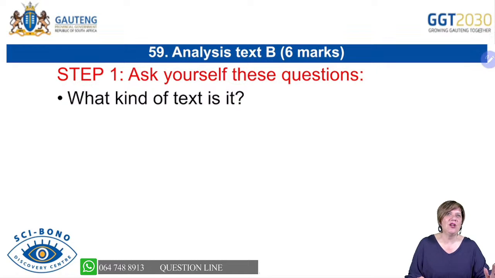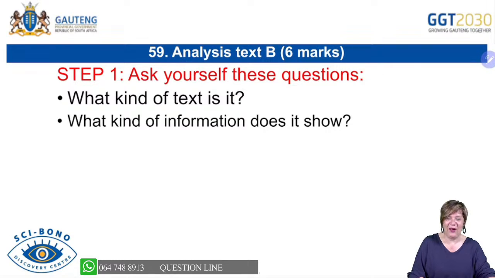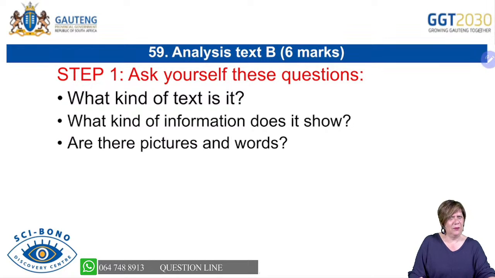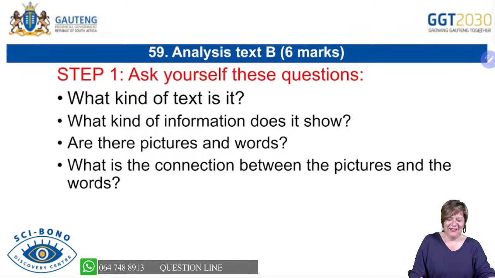So you have to be able to identify whether it's a cartoon or a graph or an infographic. What kind of information is it showing? Are there pictures and words or only pictures? And what's the connection between the pictures and the words? It's very similar to our cartoon and our advertisement, isn't it?